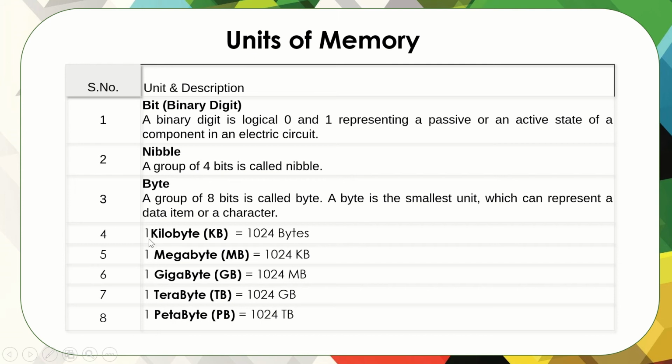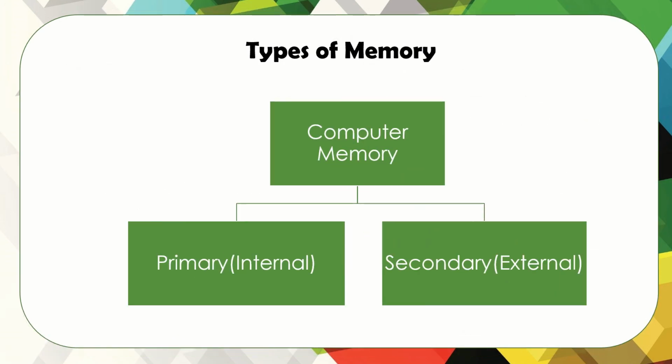Okay, and 1024 bytes is equal to 1 kilobyte, and 1024 KB, that is kilobytes, is equal to 1 megabyte, and 1024 megabytes is equal to 1 gigabyte, and 1024 gigabytes is equal to 1 terabyte, and 1024 terabytes is equal to 1 petabyte. Got it?